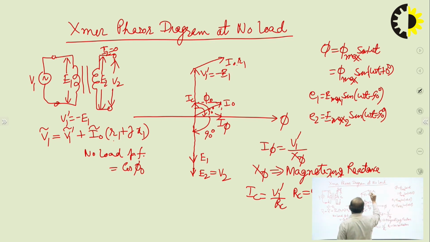So this is I0 R1, and from this we have taken I0 X1 leading by 90 degrees. This is the 90 degree angle, anti-clockwise, representing the leading quantity. The phasor addition of V1 dash, I0 R1 and I0 X1 becomes the supply voltage V1.